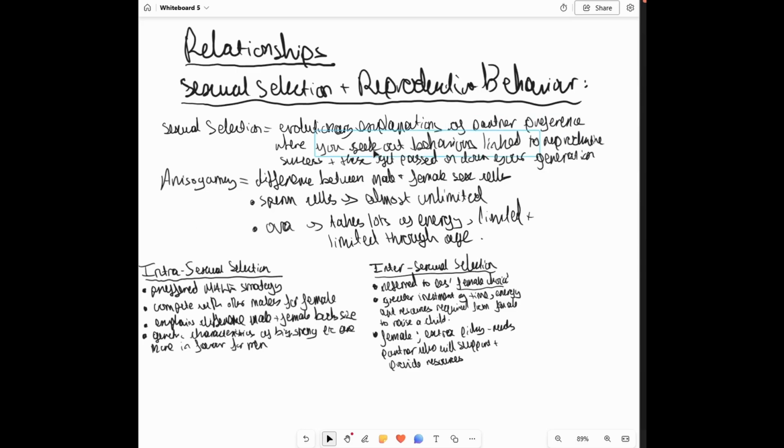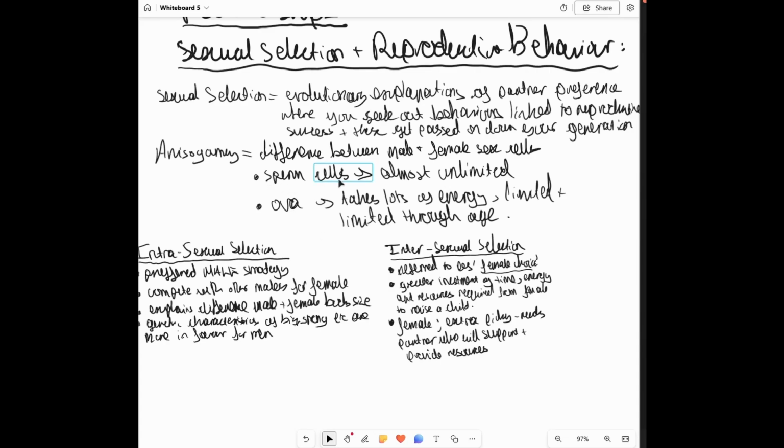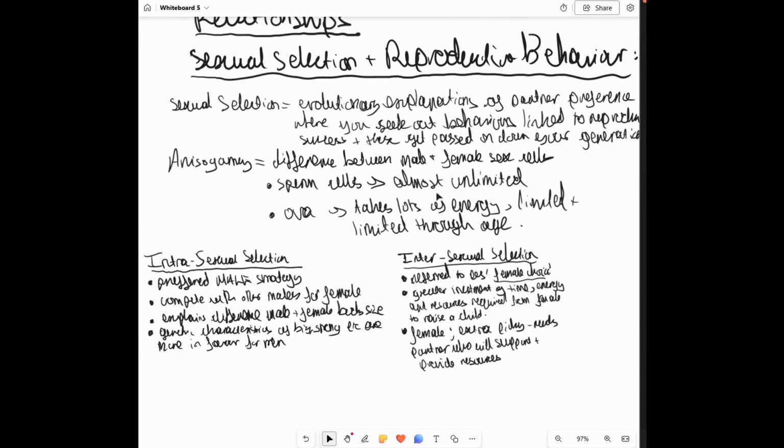Okay, and this is linked to the next definition, anisogamy. So it's the difference between male and female sex cells, which kind of explains sexual selection and the reason for having a relationship. Sperm cells are almost unlimited.